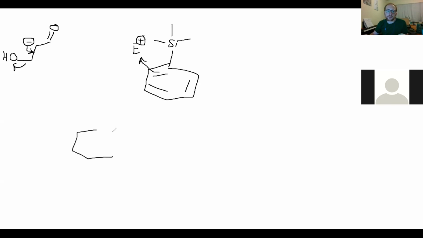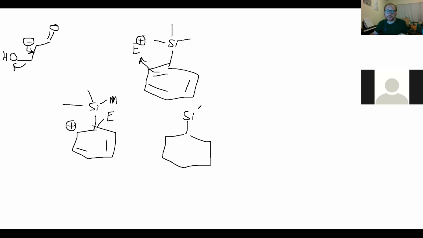If we consider various positions here, we could have positive charge here and the electrophile here, or the other way around, and we can go through all of these.